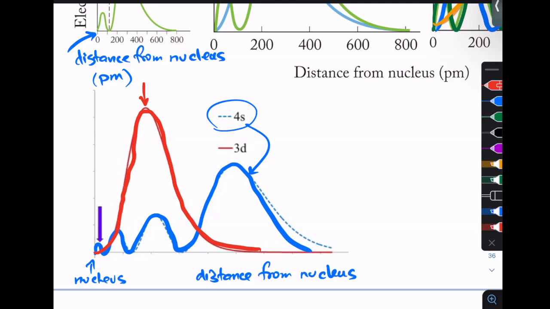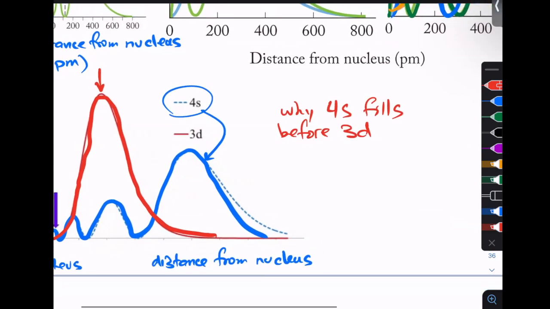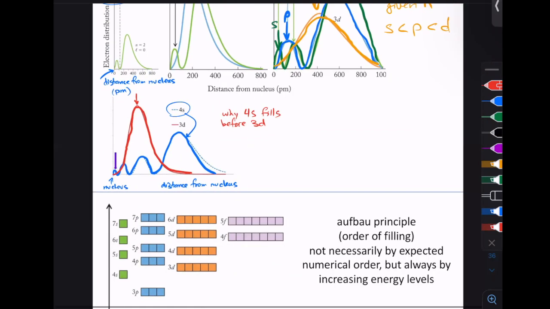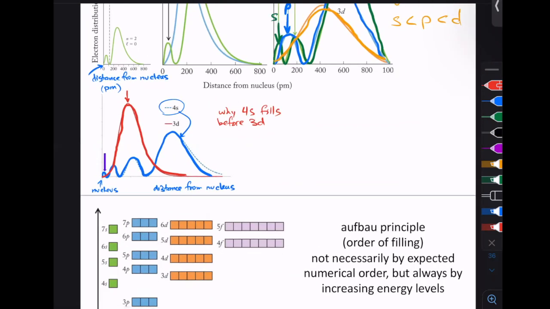It explains why 4s fills before 3d. There's other explanations as well, right? But I want to just give you a little bit of insight. We're not getting more into quantum theory here, okay? This is one reason or one explanation.